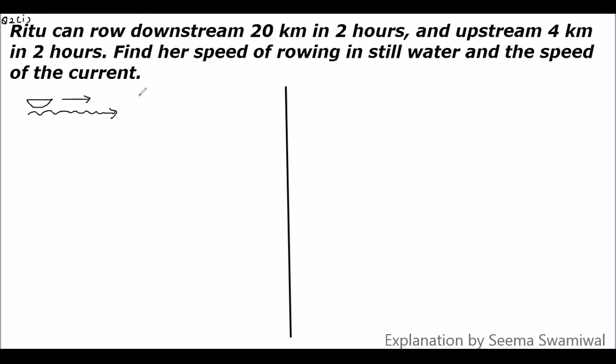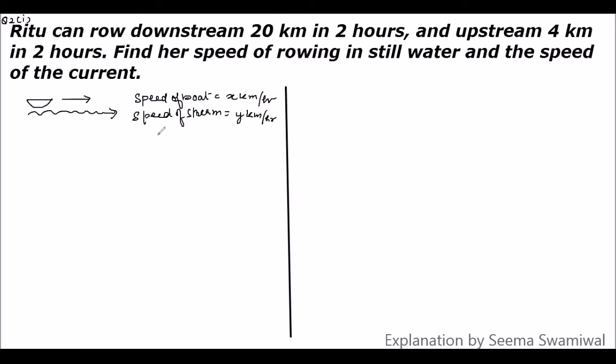Suppose the speed of the boat is x kilometer per hour, whereas the speed of stream is y kilometer per hour, and if you are moving in downstream, that means it will support you.